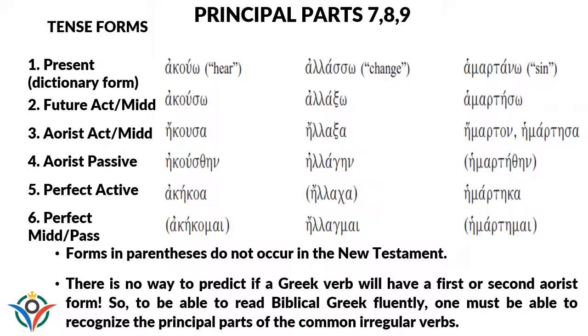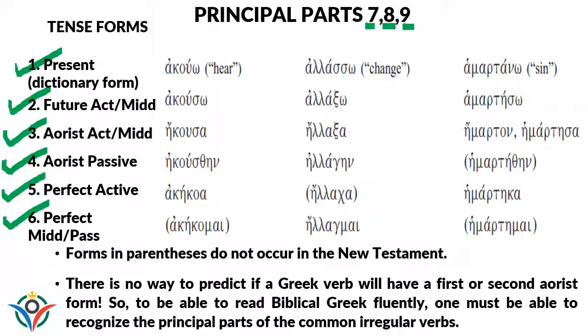Our principal parts for this lesson, we're looking at principal parts 7, 8, and 9. Just remember that our goal is not to memorize the principal parts, but to become familiar with them. So that's why we look at 3 principal parts in every lesson. Remember that our tense forms are the present, the future active middle, aorist active middle, aorist passive, perfect active, and perfect middle passive.